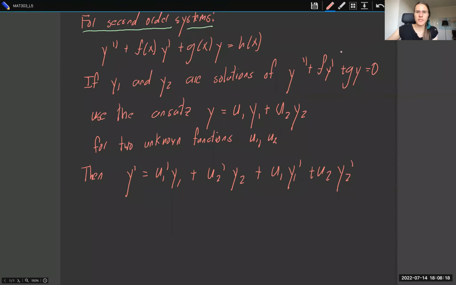And what we're going to say is that we don't like this term, actually.